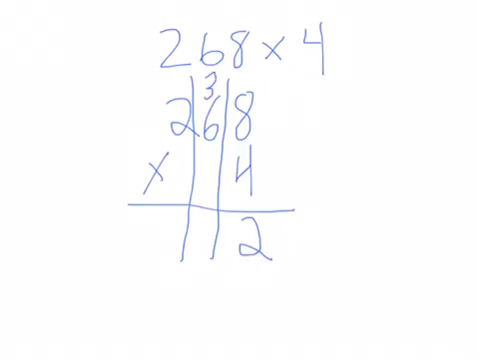And then you leave the 3 alone, and you do 6 times 4. Nice. 24. Plus 3 is 27.